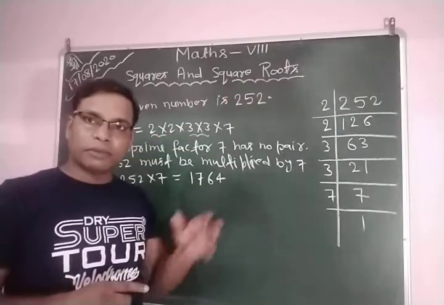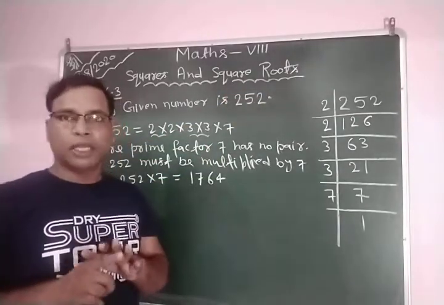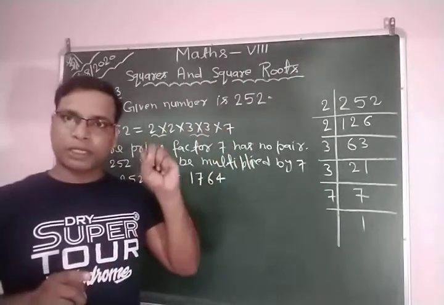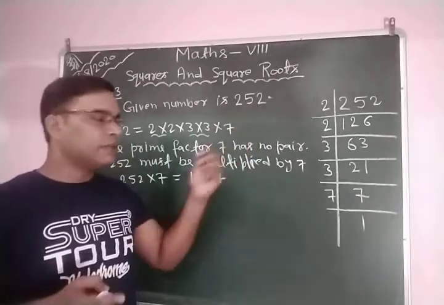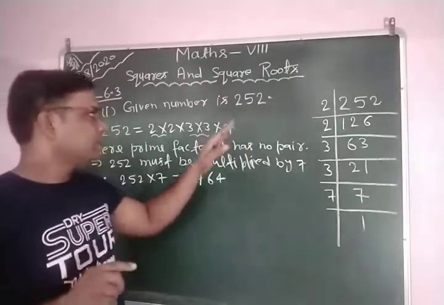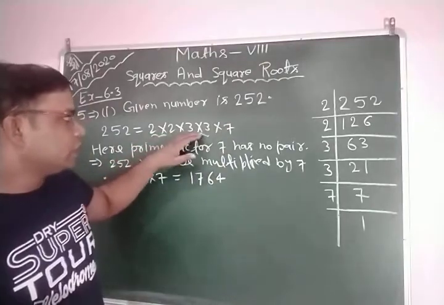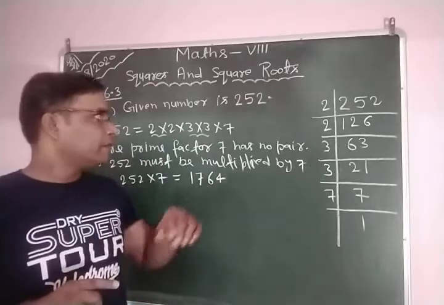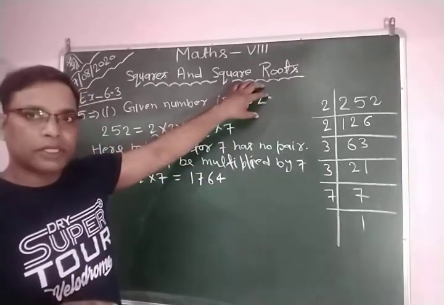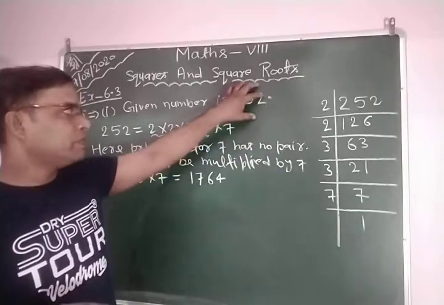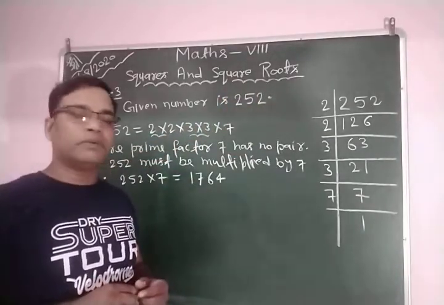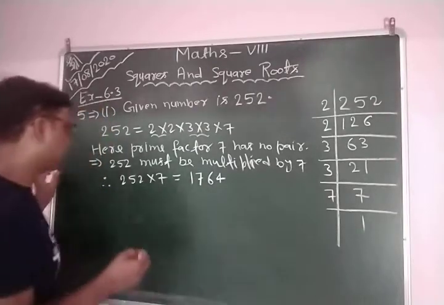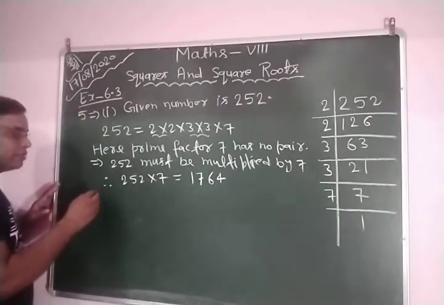If we multiply by 7, then 7 also becomes a pair. If we divide this number by 7, then we obtain 2 into 2, 3 into 3, so both prime factors are also in pairs. So the smallest whole number is 7, for which if we multiply 252 by 7, this number becomes a perfect square number.